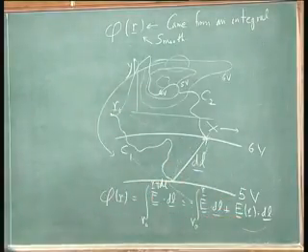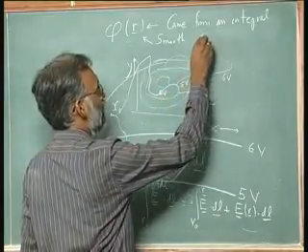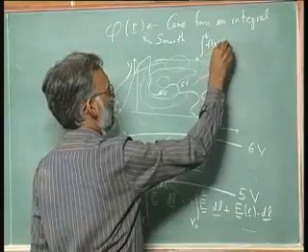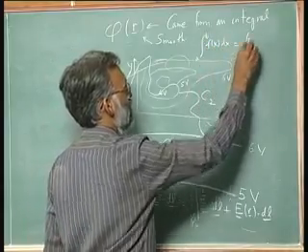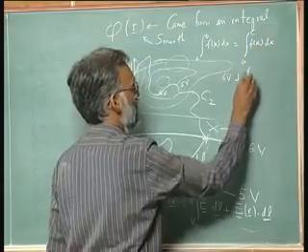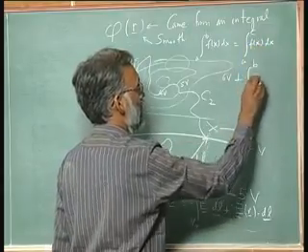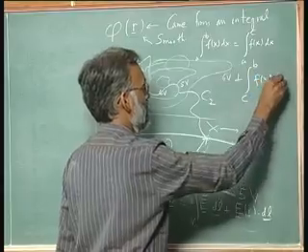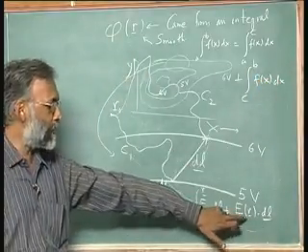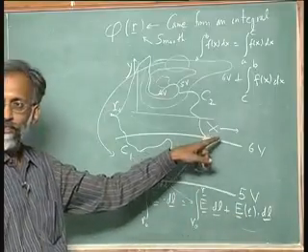And you know that if you have an integral a to b of some f of x dx, you can always write the integral a to c of f of x dx plus the integral c to b of f of x dx. So that is what I have done. I have broken it up into two pieces. The second piece is very simple, it is just E dot dl.